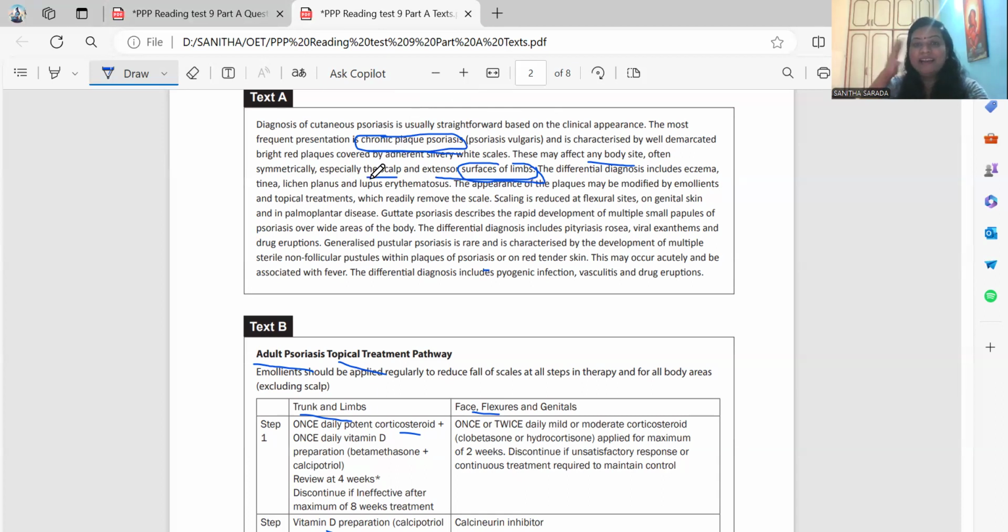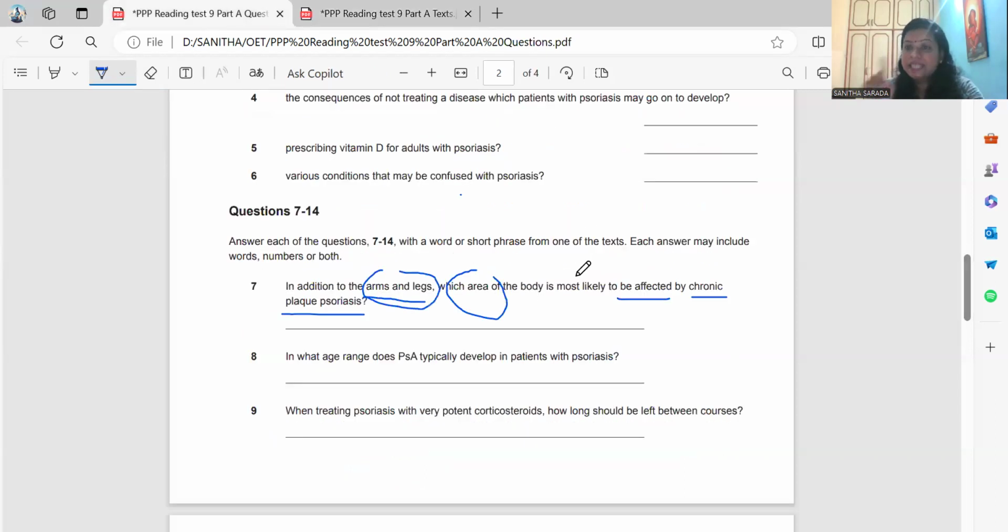Especially the scalp and extensor surface of the limbs. The limbs are already given, so in addition to limbs, which area is affected? The scalp. Got it? This is the way you have to find the answers in the OET reading Part A session.